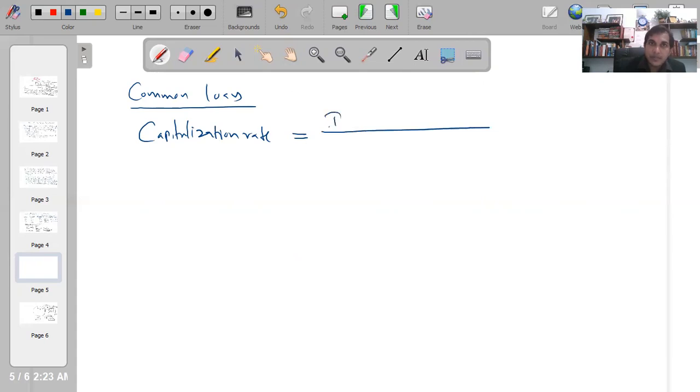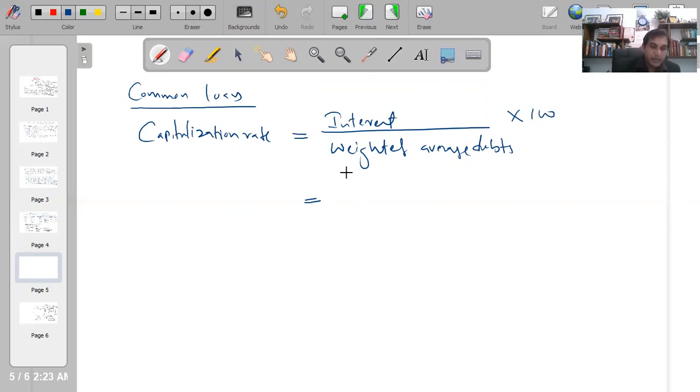Interest, weighted average debts into 100. Now we will calculate annual capitalization rate.